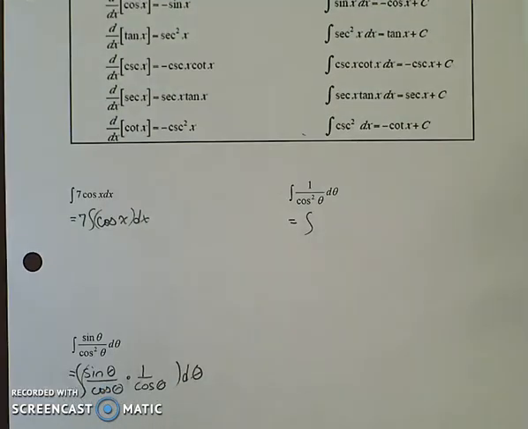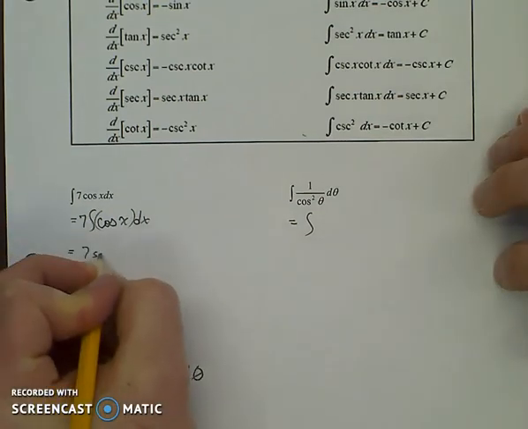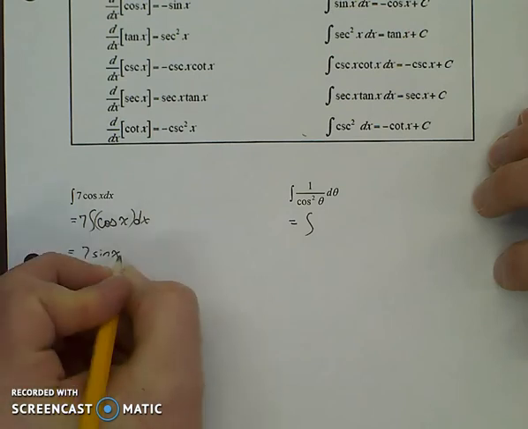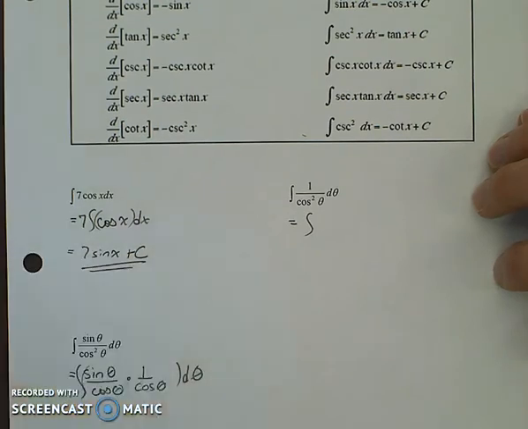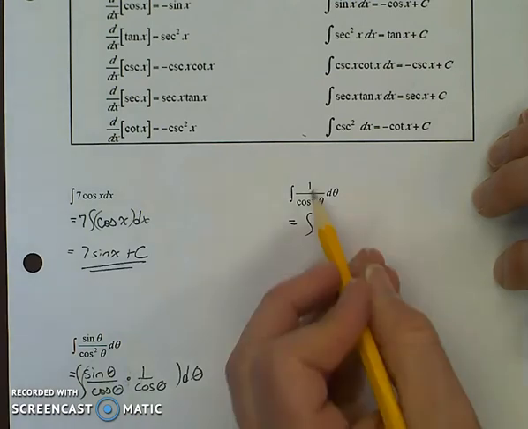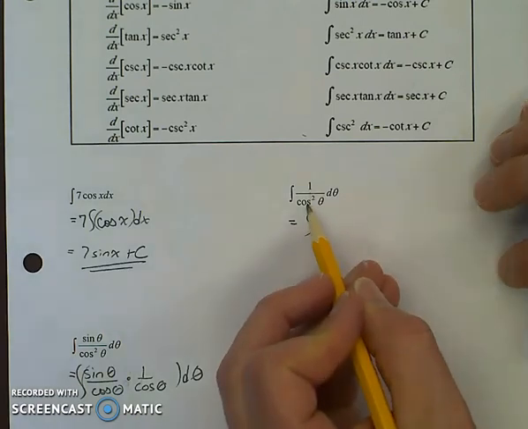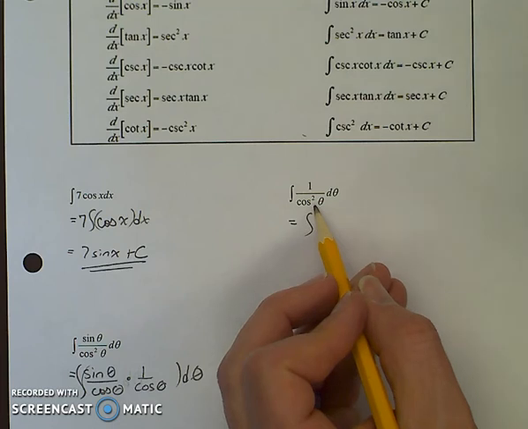So if we look at the first one, pull out the 7, the integral of cosine. Now notice it starts with a c, but we're doing the opposite, so that we do not change signs. So 7 sine x, the opposite of cosine and sine, plus c. Done. Now with this one, we've got to be careful. We don't have 1 over cosine squared theta. We understand that.